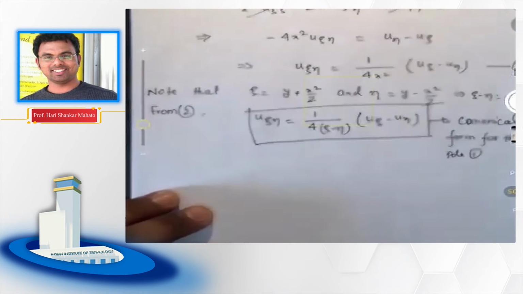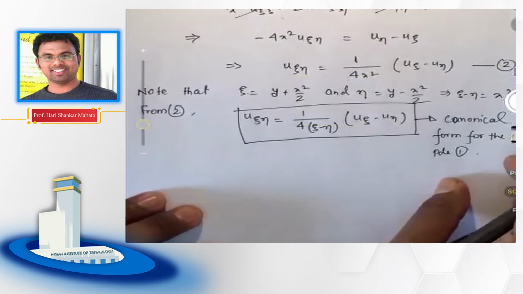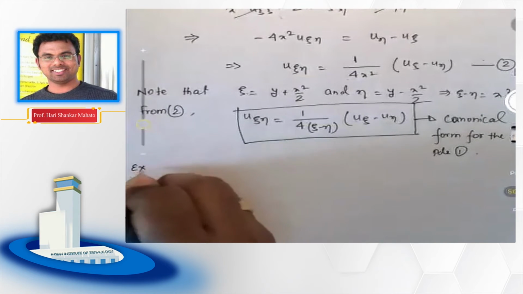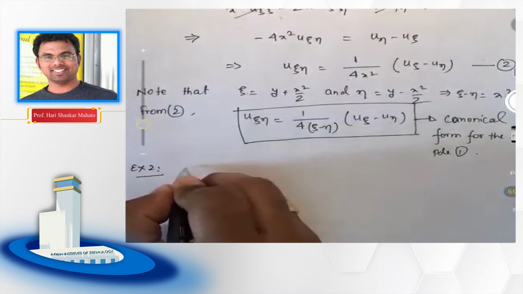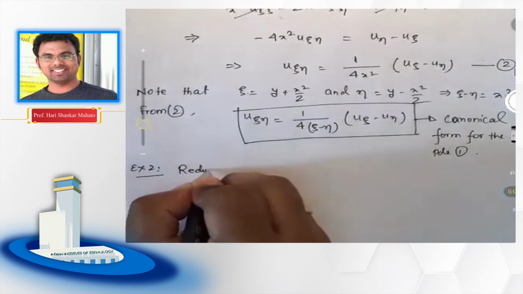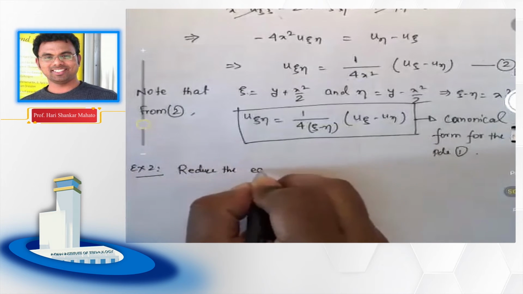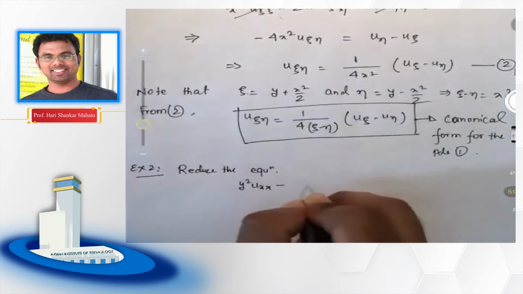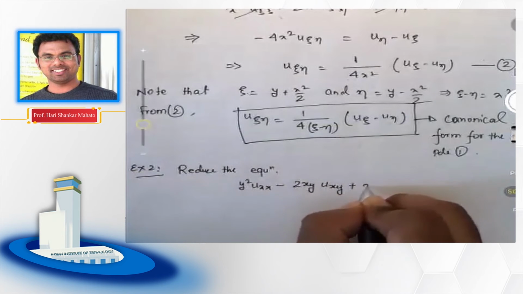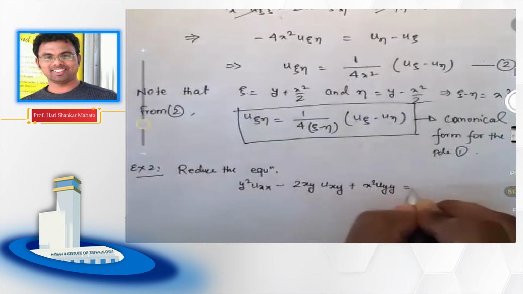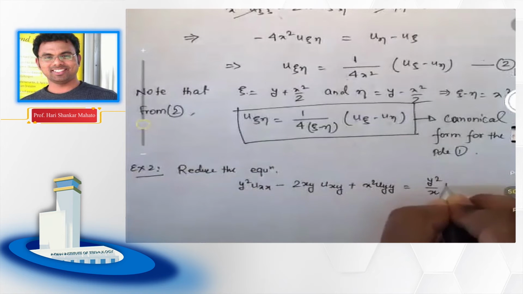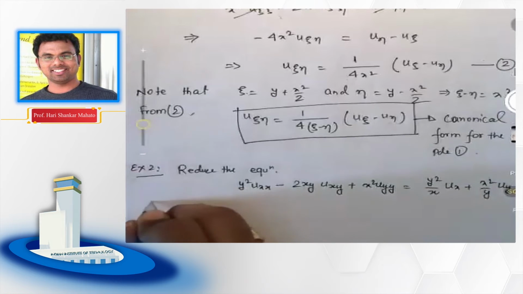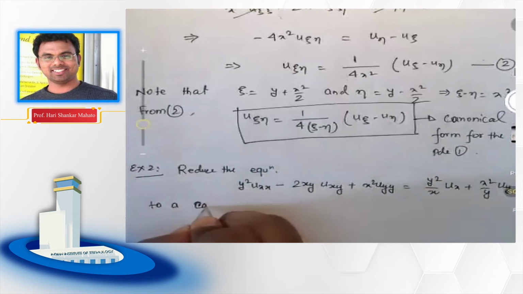So our next example is example 2. Reduce the equation y square times uxx minus 2xy times uxy plus x square times uyy equals y square by x u of x plus x square by y u of y to a canonical form.